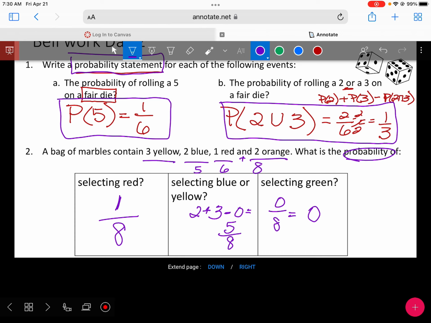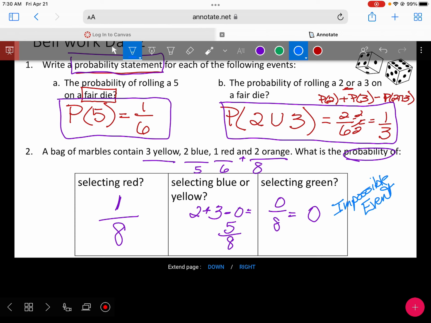Yes. Was it improbable or impossible? I don't even remember. Okay. Yes. So when we have a probability of 0, we call that an impossible event. They didn't ask us that. I'm just trying to get you to remember all these little things. Okay? All right. Any questions about any of those?